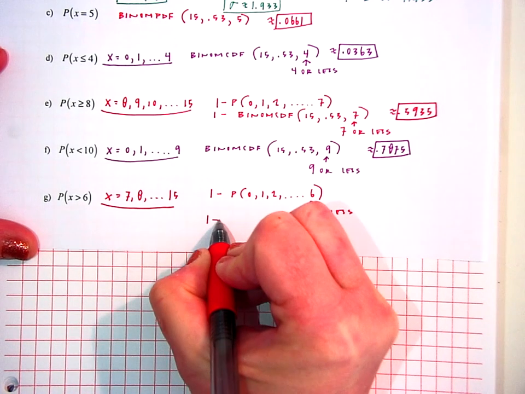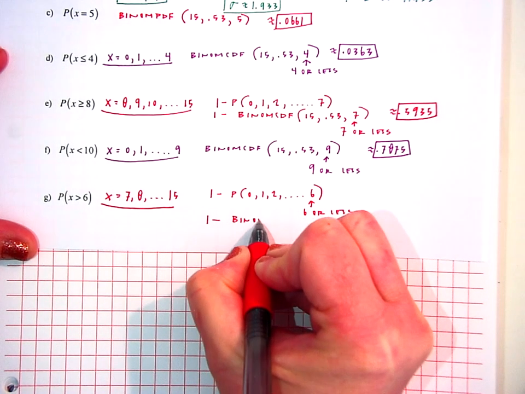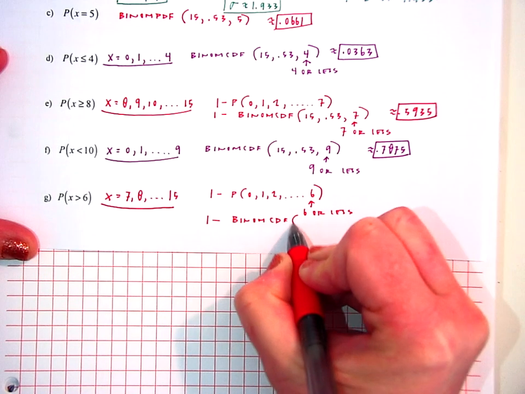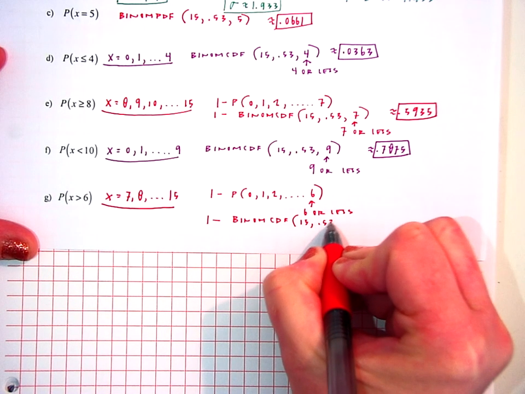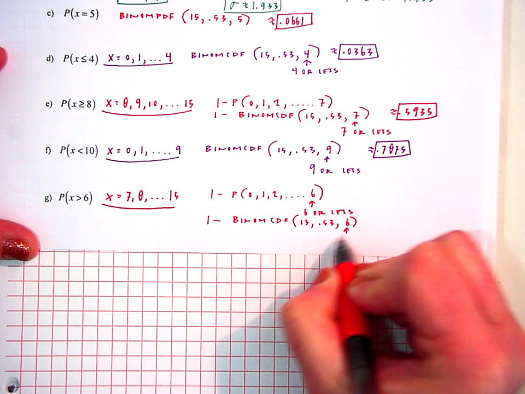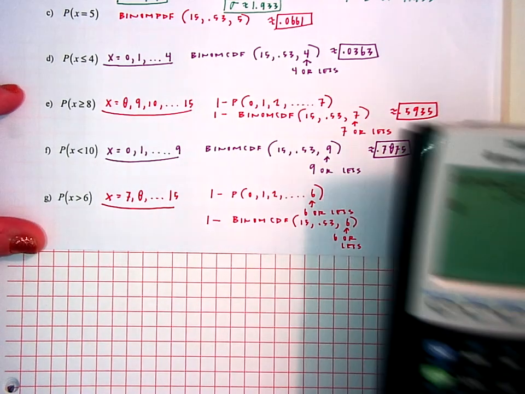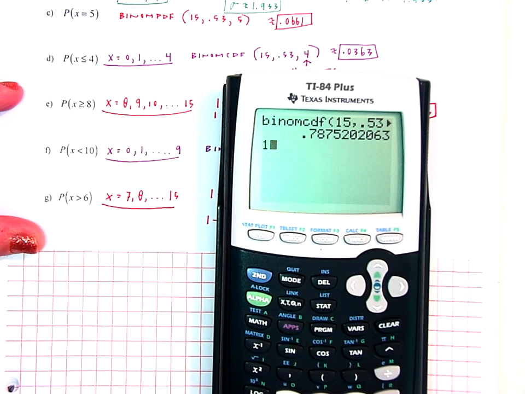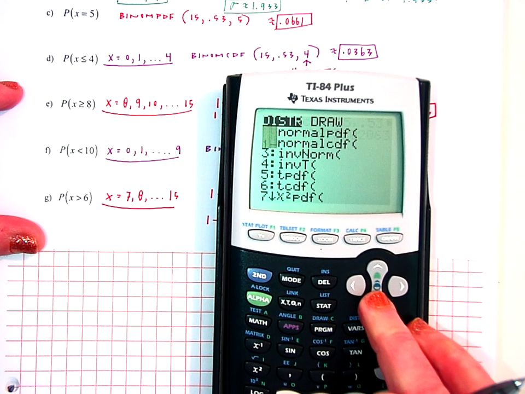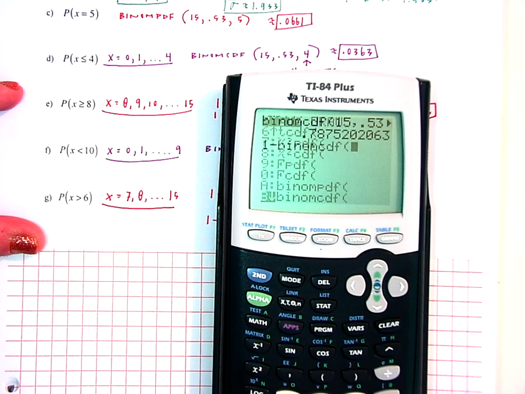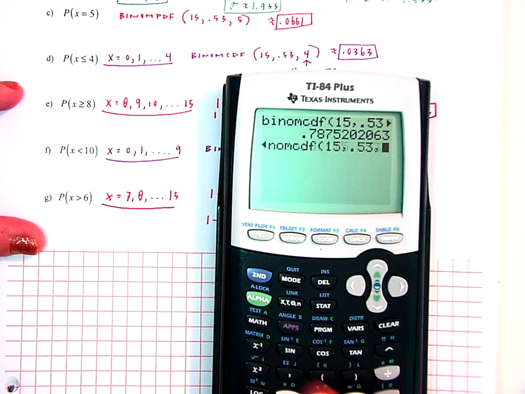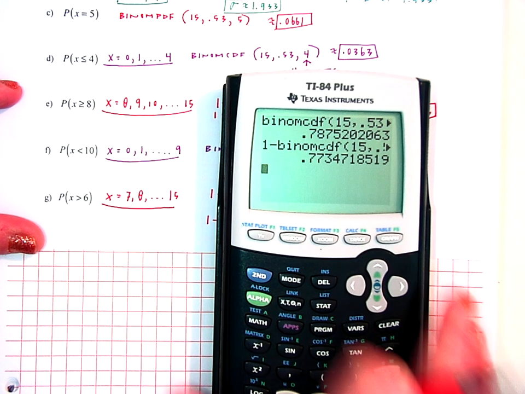So I'm doing 1 minus binomCDF, 15, 0.53, here's that 6 or less. So let me type that in. I'm doing 1 minus, 2nd VARS, binomCDF, 15, comma, 0.53, comma, 6 or less. So it's going to give me about 0.7735.